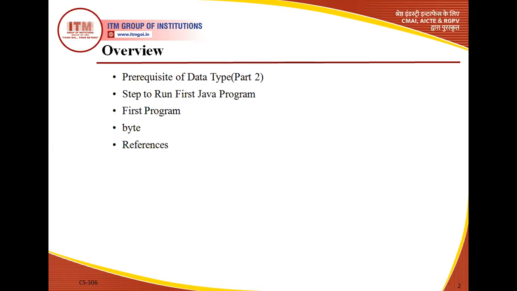I give a basic idea of things to keep in mind before going into detail, like how we save our file, where we save it, and what we must keep in mind before executing a Java program.